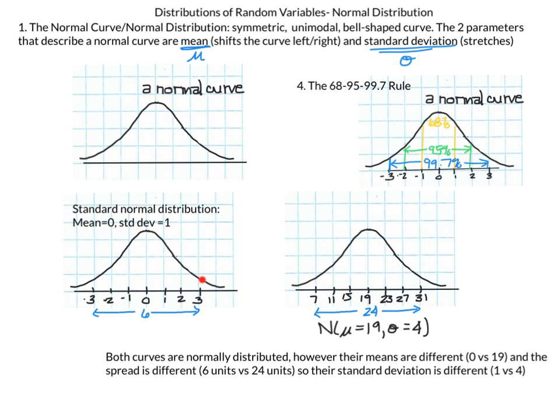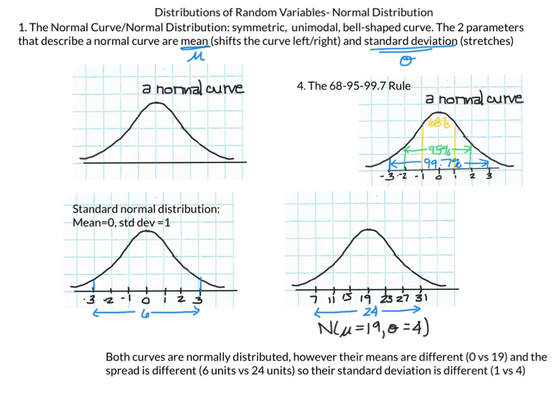What that means in terms of this standard normal distribution, where the mean is 0, that means the center here is equal to 0, and standard deviation is equal to 1. According to our 68, 95, 99.7 rule, 99.7% of our data should land between -3 and 3, since our standard deviation is 1.